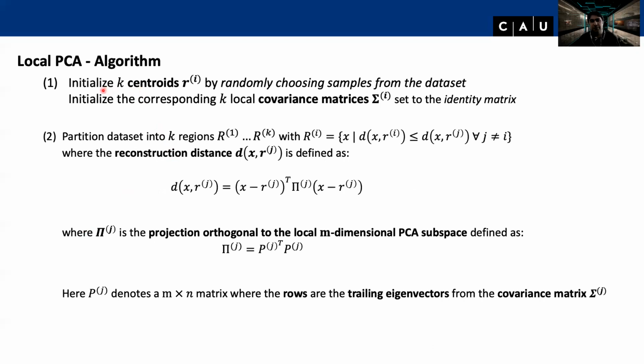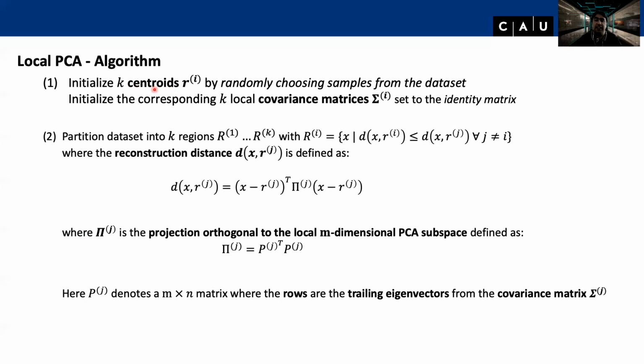So this local PCA, in the very first part, initializes k centroids by randomly choosing samples from the data set. In contrast to k-means, where some random vectors, so-called initial seeds, are computed, which can be non-existent, in this local PCA we are not taking non-existent random seeds, but we take them by randomly sampling any of the existing objects in the data set.